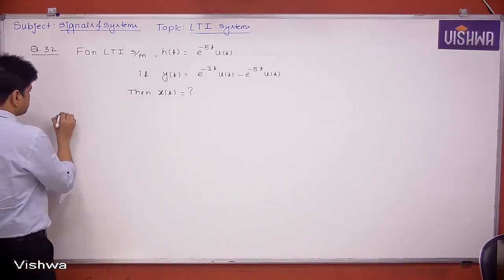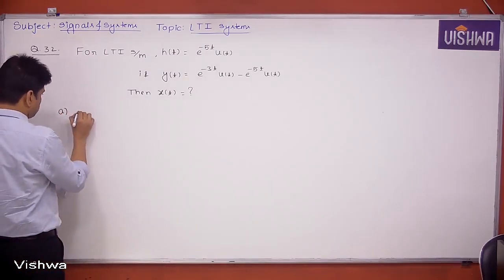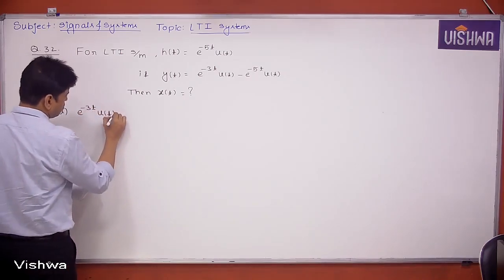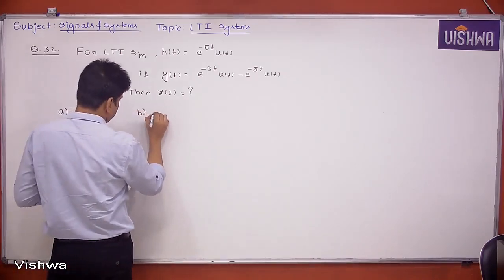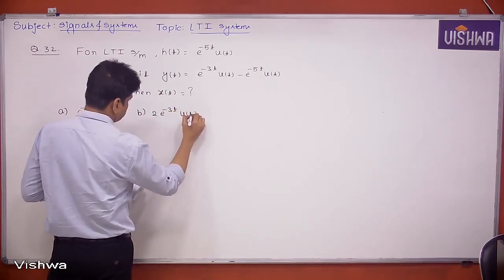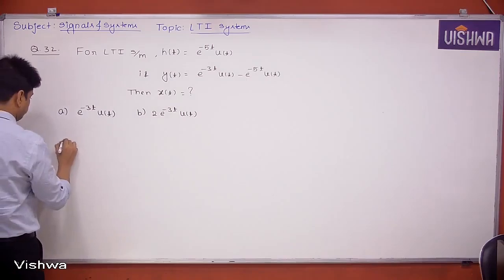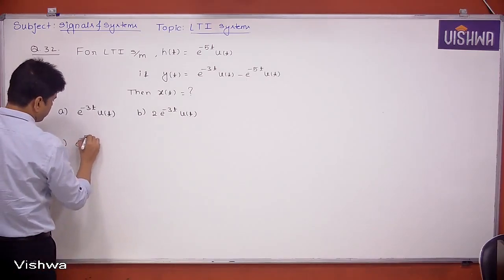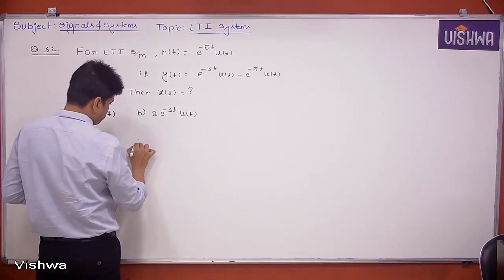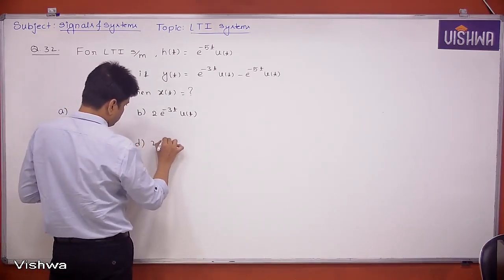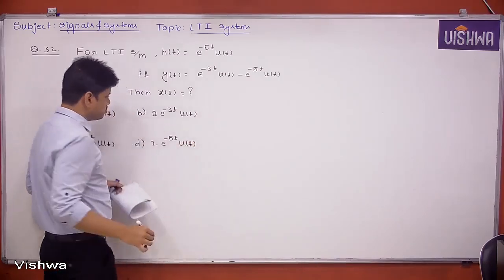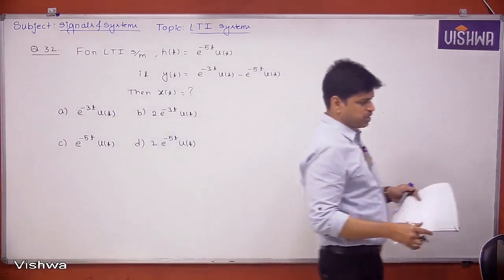Options are given: option A e power minus 3t u of t, option B 2 e power minus 3t u of t, option C e power minus 5t u of t, option D 2 e power minus 5t u of t. This is what they have given.